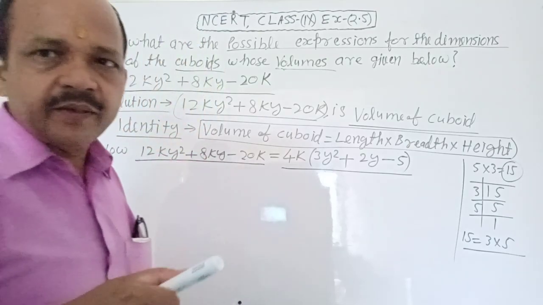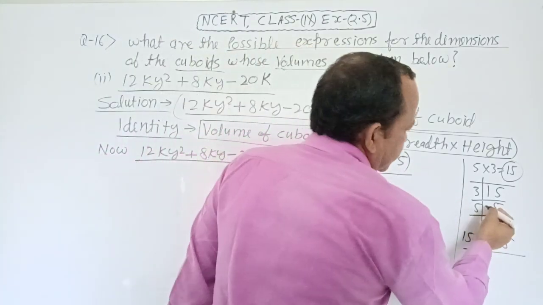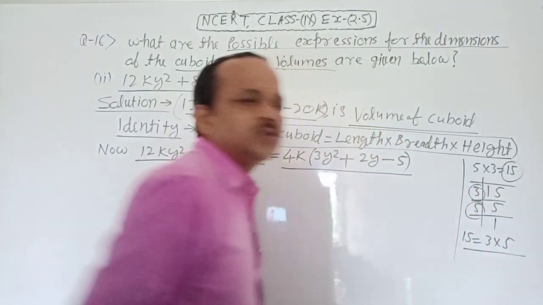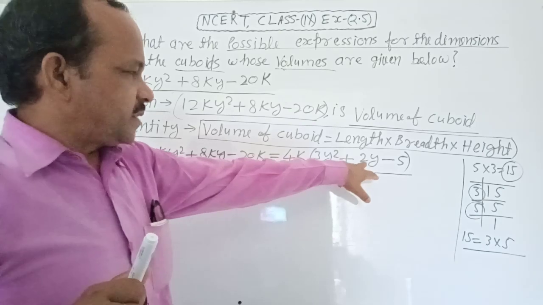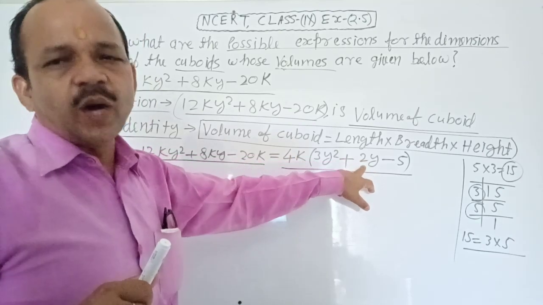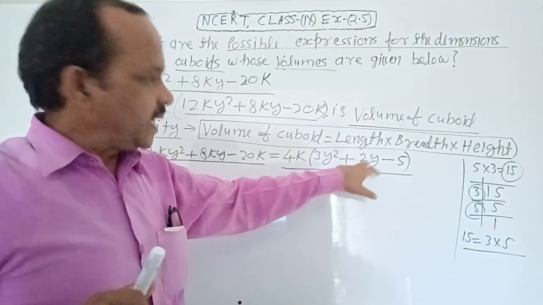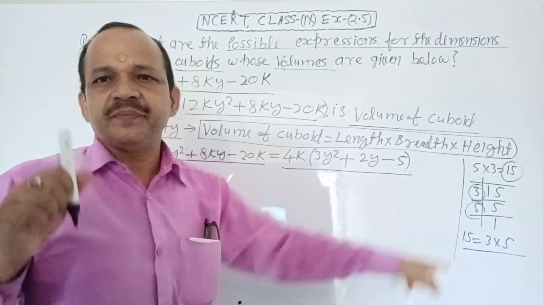Now you make two pairs of factors. 5 and 3 are the two factors. Clear? You split 2y with the help of the factors of 15.